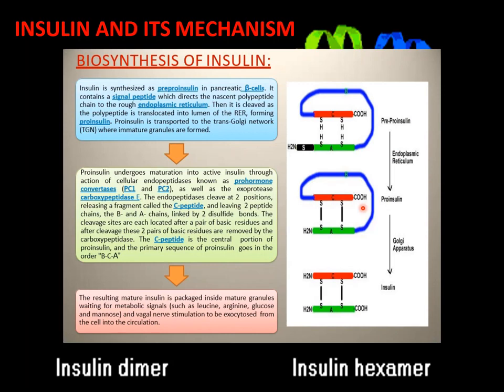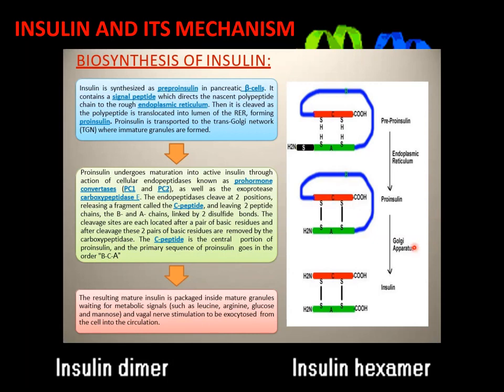The peptidase cleaves at the position releasing a fragment called the C-peptide, and the chains remain linked by disulfide bonds. This cleavage occurs at the site recognized by the carboxypeptidase.